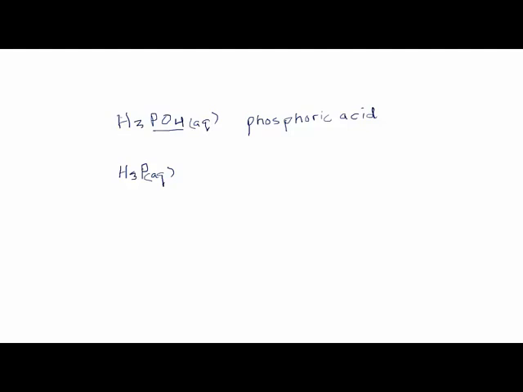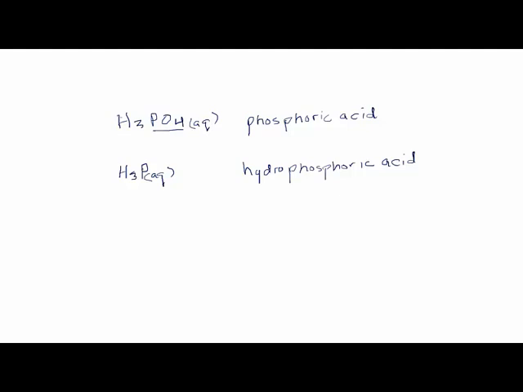It's an oxy acid. We look at the next acid. It's a binary acid. It consists of hydrogen and phosphorus, or the phosphide ion. And so we would have hydrophosphoric acid.